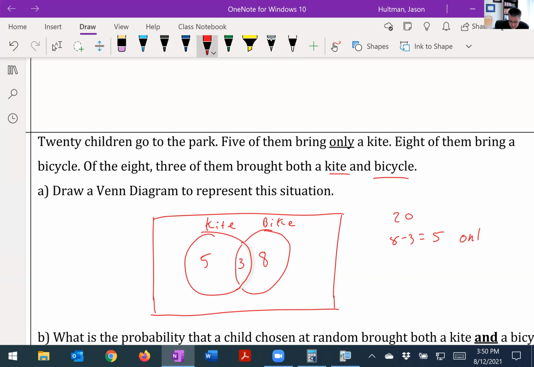There we go. So that adds up to 13. How many are outside that didn't bring a kite or a bike? Well, 20 minus 13 is 7. So 7 brought nothing, and 13 brought either a kite or a bike.